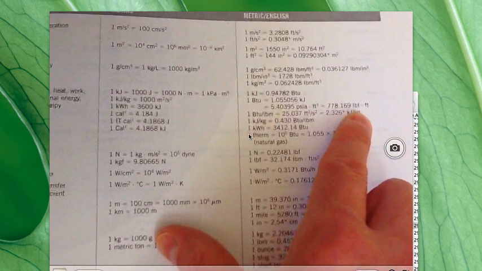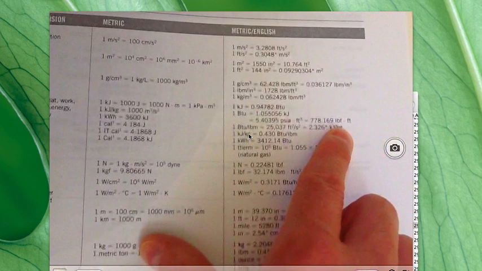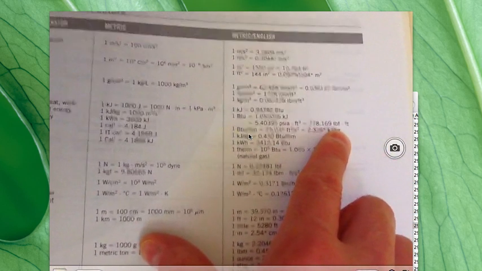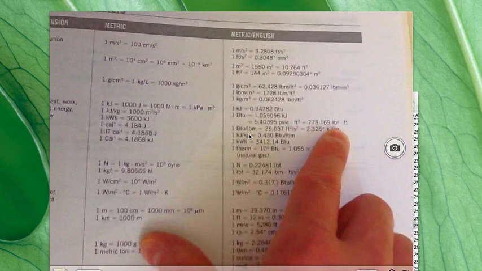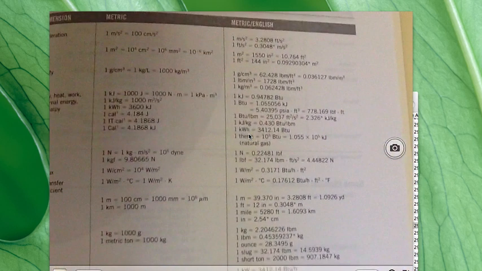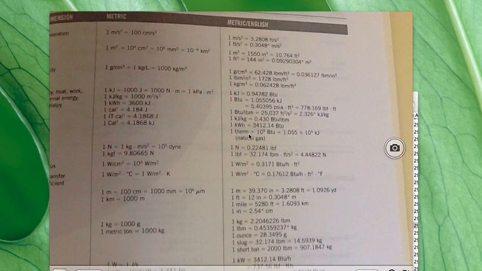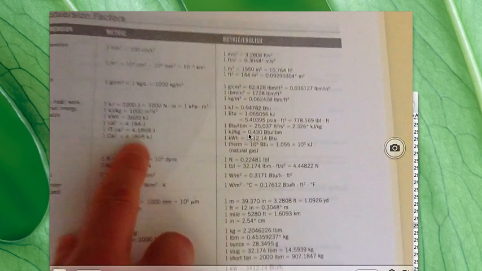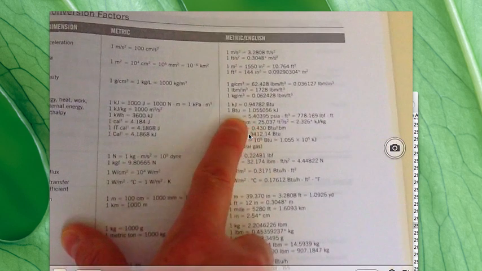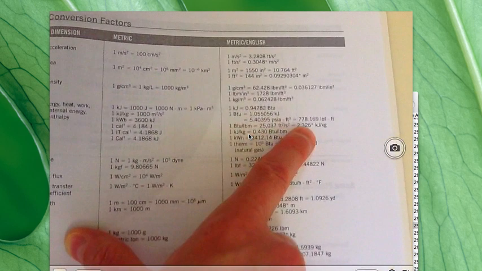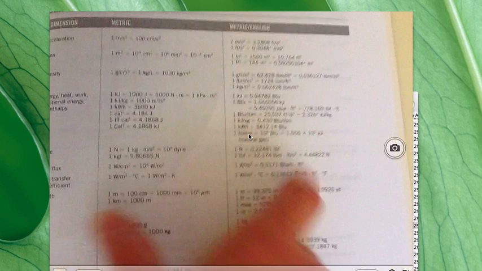If you are calculating the torque of an electric motor, and you have torque given to you in pound force foot, and you want to convert that into BTU, well, you can just use this conversion: 1 BTU is equal to 778 pound force foot.